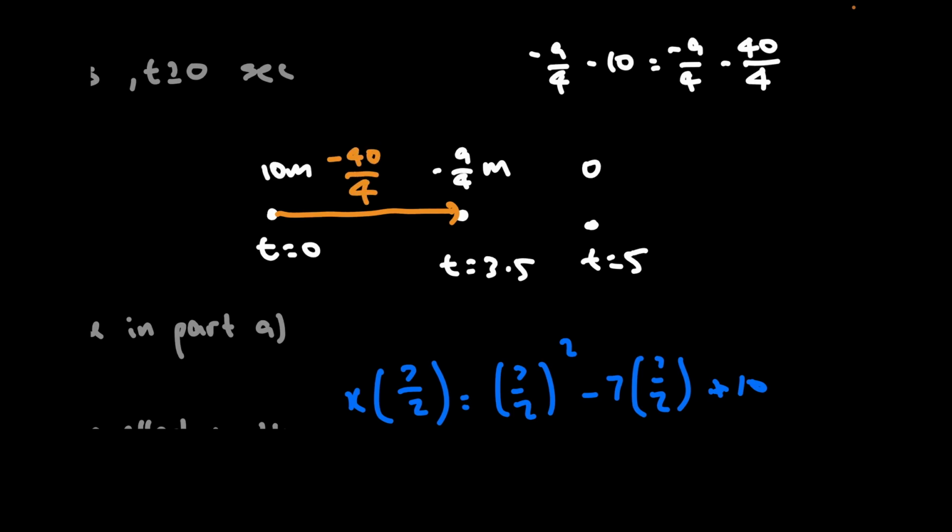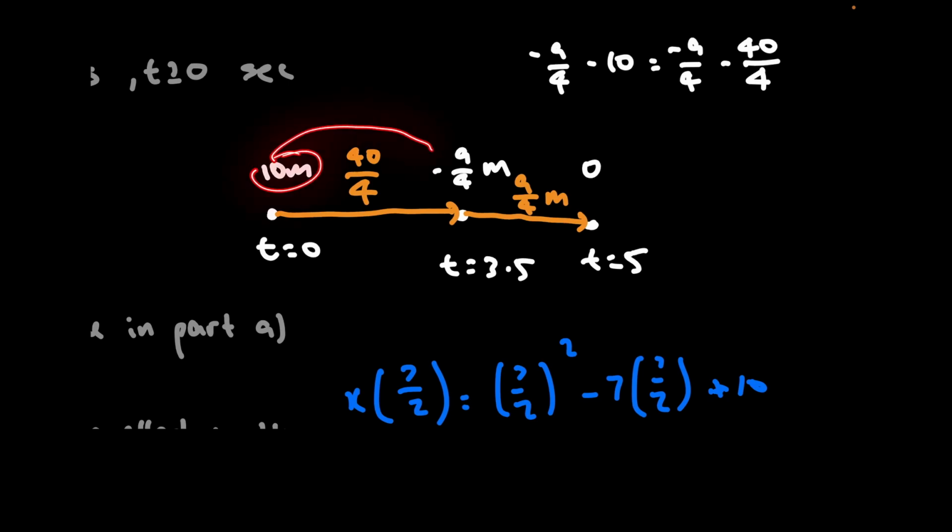So now what is the distance traveled from minus 9 on 4 to 0? Well, the distance here is simply going to be 9 on 4 meters. But I don't really care about direction if I'm asking for distance traveled. The negative has no value to me, because all I care about is the absolute distance traveled from here to here. So in this case, we would actually get 49 on 4 here.